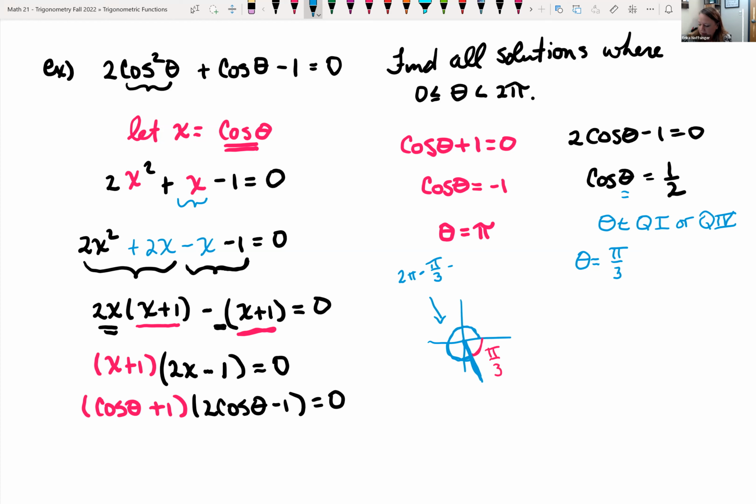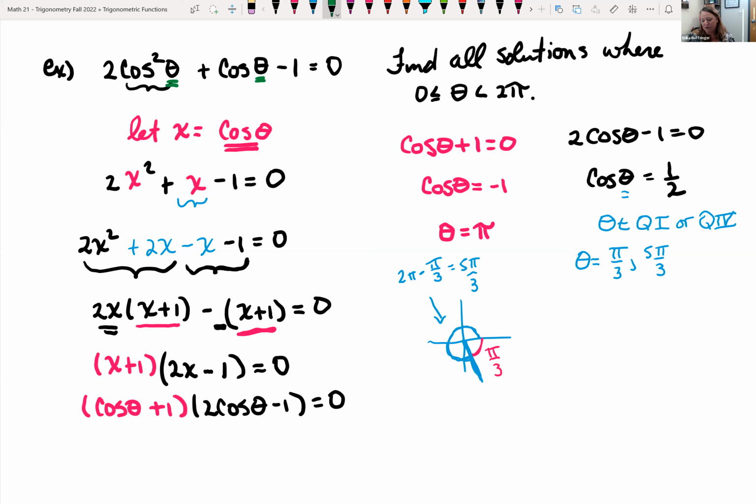That's going to give us 5 pi thirds. So since our argument here was theta, and there was nothing else with that argument, no coefficient in front, no addition or subtraction, we're okay.